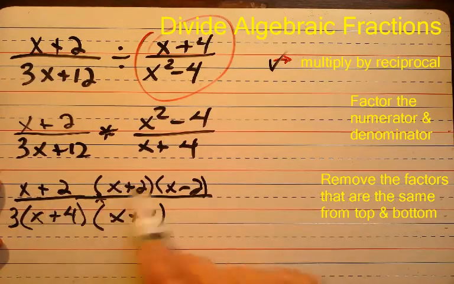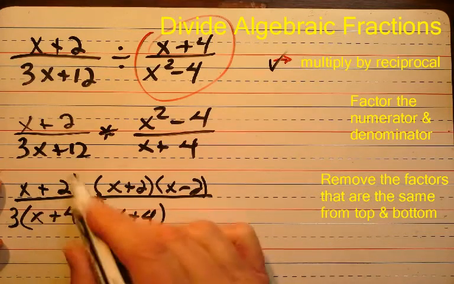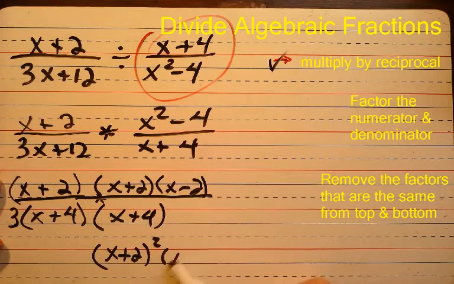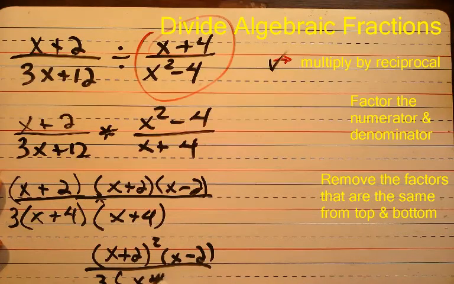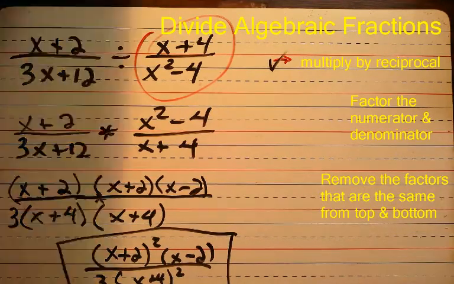I got x plus 2, x plus 2. Look at that. X plus 2 squared, because there's two of those. And then x minus 2, and then x plus 4 squared. That's the answer. I cannot do anything to that.